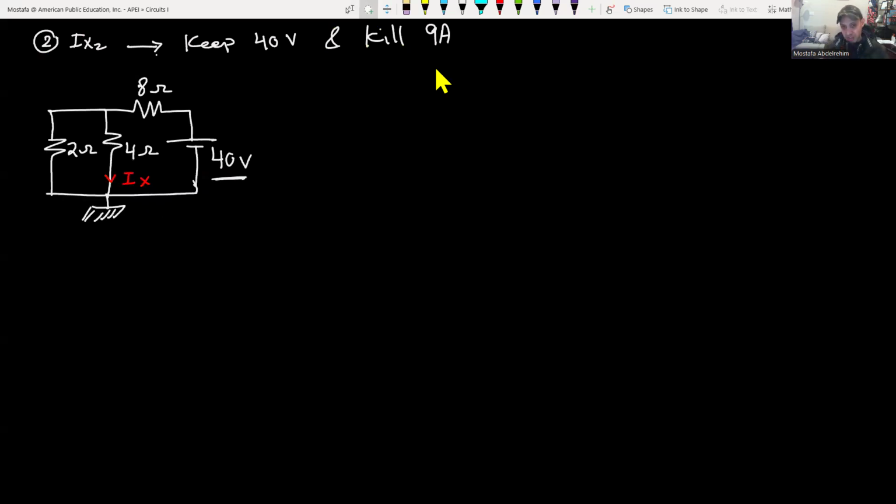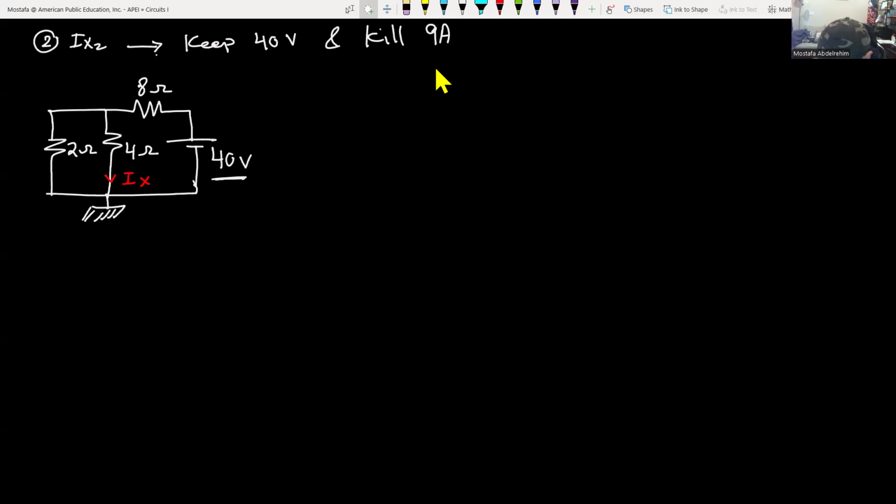But I wanna teach you another concept: that you can convert a voltage source to a current source and a current source to a voltage source. You can solve it using the voltage source, no problem at all, but just to teach you something more, I'm gonna teach you how to convert a voltage source into a current source and vice versa.